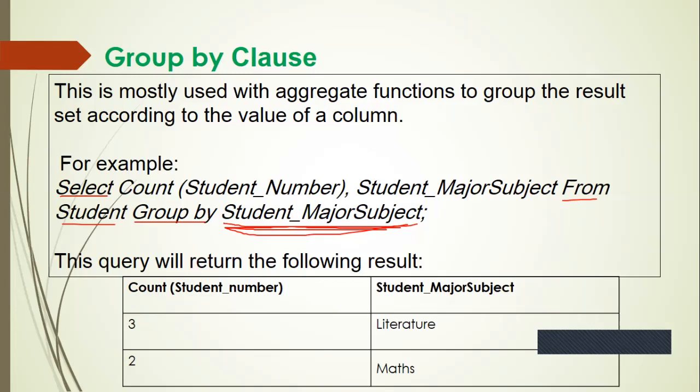Because suppose here we have done group by student major subject, and the condition of group by is whenever you are using that particular column, only that particular column output is displayed. If you try to use some other column to display, it won't display your output. So what you can do is, with the help of aggregate functions, you can display other columns other than the one which is grouped by.